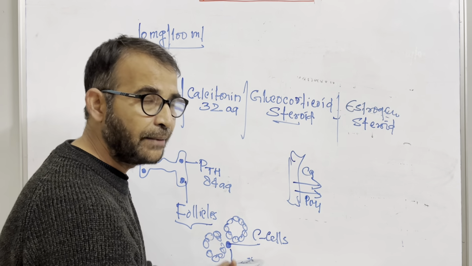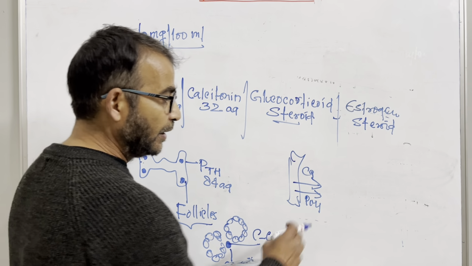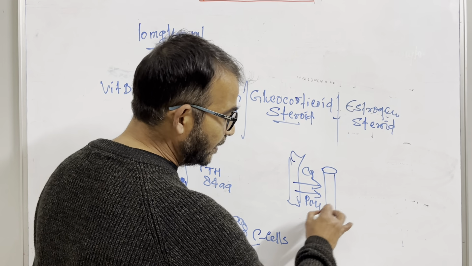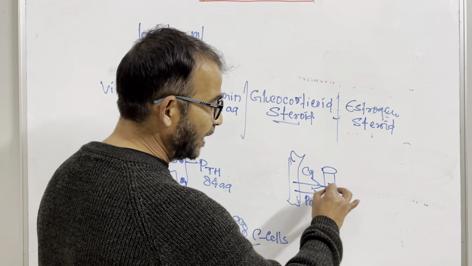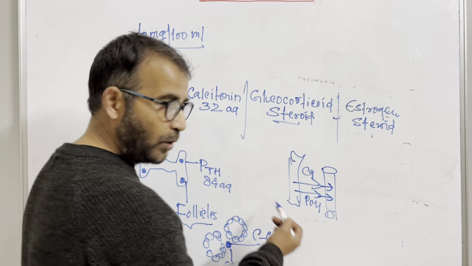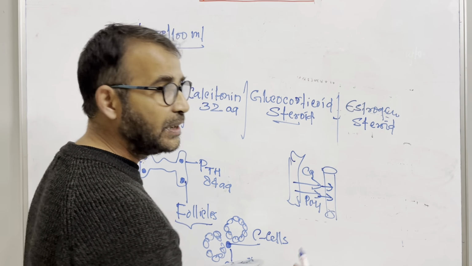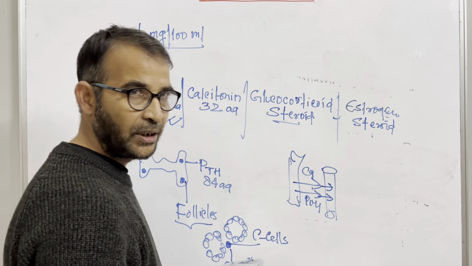The osteoclast cells basically demineralize the bone. Here is the blood vessel, the calcium goes inside the blood vessel, the phosphate goes inside. So the calcium and phosphate level is increasing inside. That is how it bears the name hypercalcemic hormone. It increases the calcium concentration.